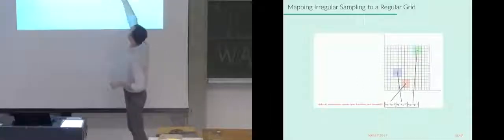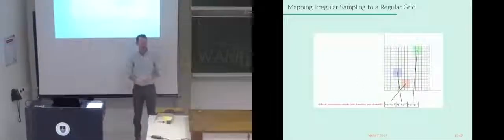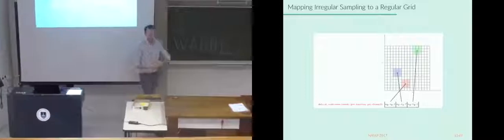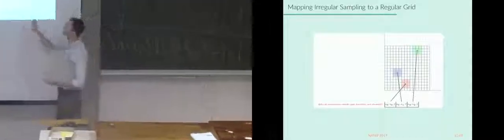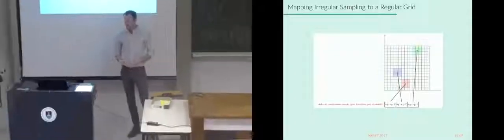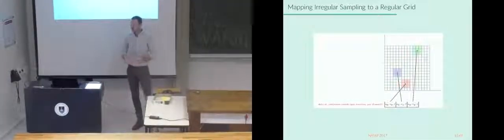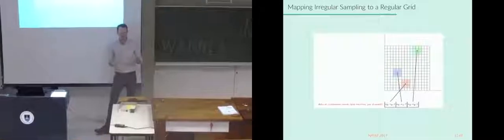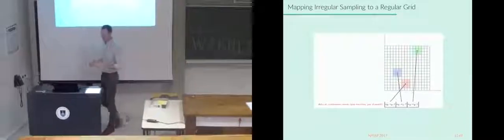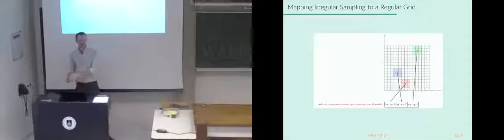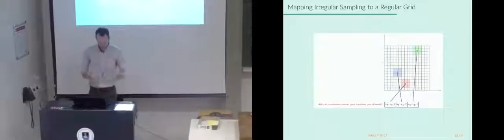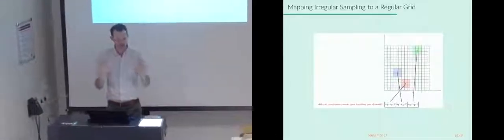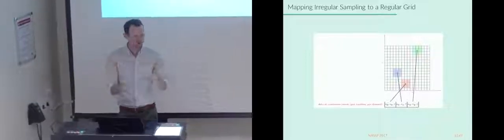And sometimes for a given grid cell, you might sample it a few times at different times with different baselines, or you might sit in that cell longer than a nearby one. So you have this whole issue that you're not sampling the UV space on a grid, and we really want to sample on a grid because that makes everything in our life easier. So we need to take our irregular sample data and put it onto a grid.